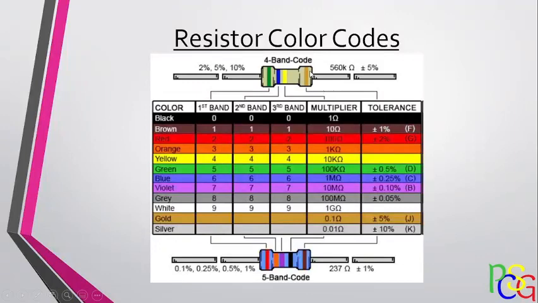Here, the tolerance band is gold, so it's plus or minus 5% of 560. That's where you can see it here, right?